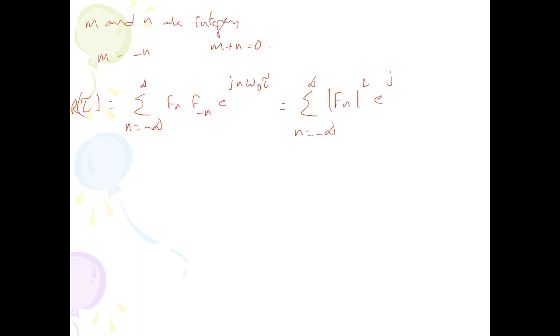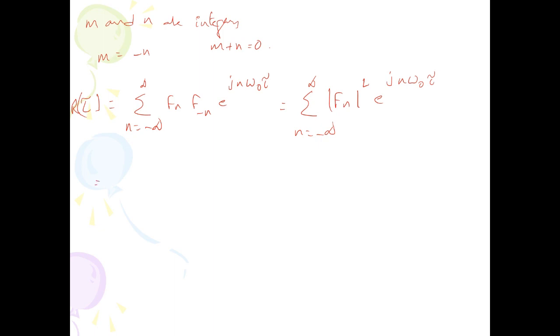That is, m plus n is equal to 0. So R of tau is equal to summation n is equal to minus infinity to plus infinity f_n f_minus n e power j n omega naught tau. This is equal to summation n is equal to minus infinity to plus infinity mod f_n square e power j n omega naught tau.